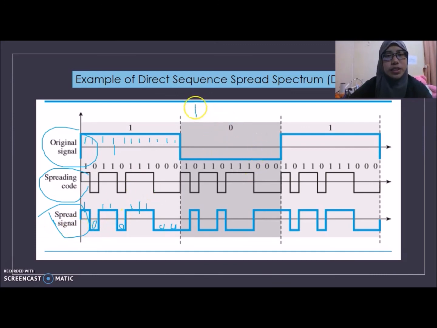Remember to use exclusive OR, XOR, or this symbol, to get the spread signal. It's the same with 0. I only take until this. 0 times 1 becomes 0. 0 times 1 becomes 0. 0 times 0 becomes 1. 0 times 1 becomes 0. Okay, this is how we get the spread signal.